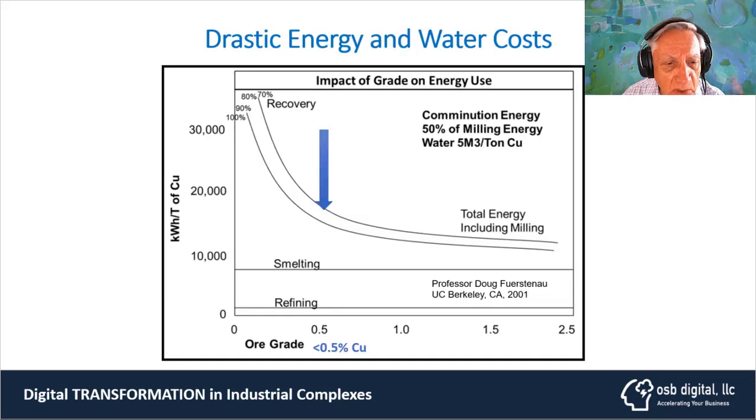Basically, what happened is that when we start processing low-grade ores with less than 0.5% copper or some other minerals, we are really dealing with the rock, with the matrix of the rock. So the georheological properties become extremely important, and the transport of pulp through the SAG mill, ball mill, cyclones, flotation, and thickening, due to the size distributions and the density and the percent solids, represent big problems.